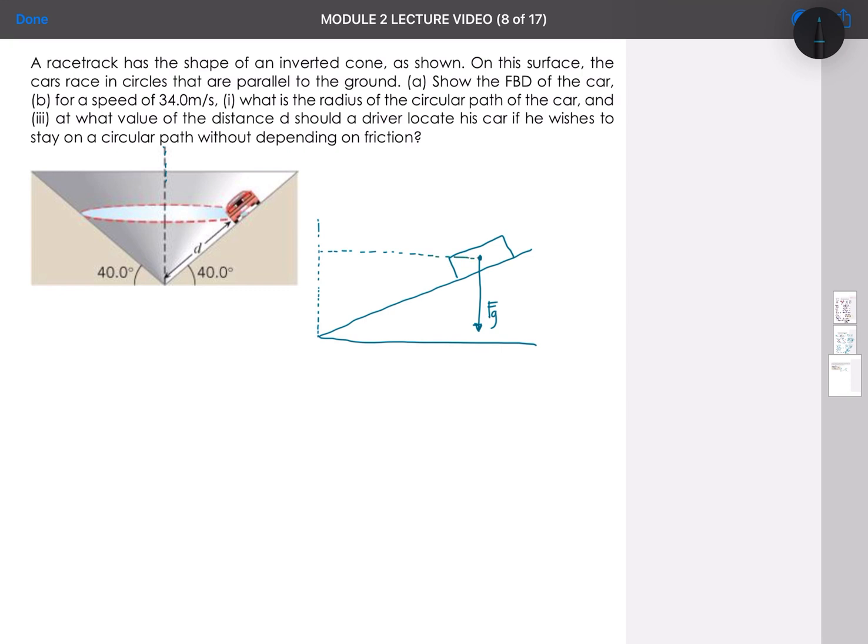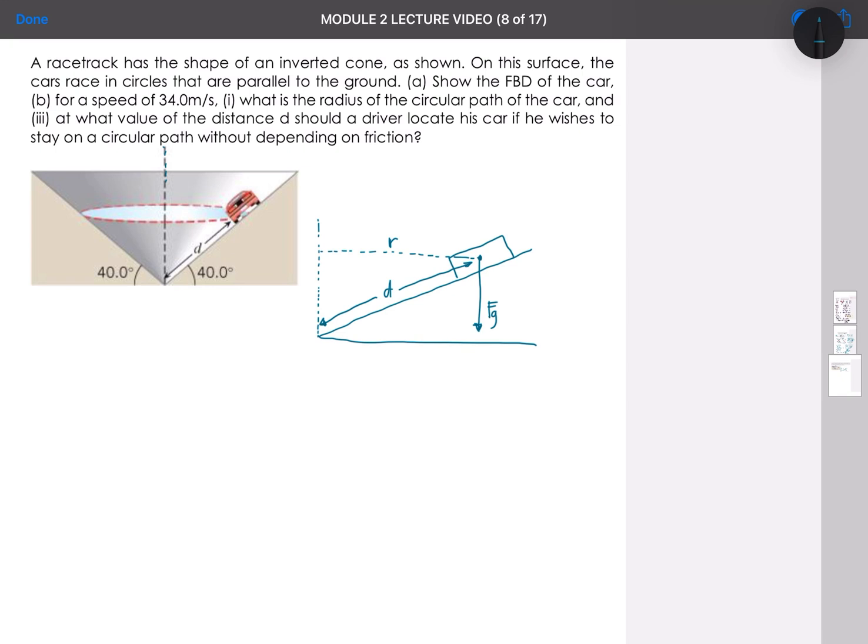And ito yung radius natin. Let's have that as small letter r. D yung gagamitin natin. And so d is the distance from the car to dito, to the center.